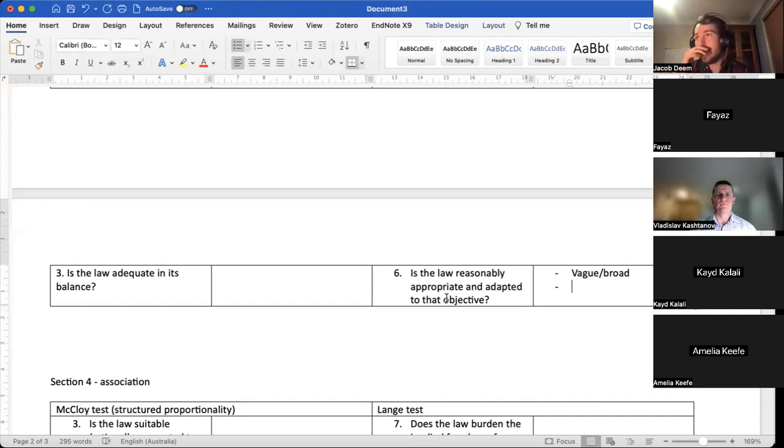It was found that it didn't infringe the implied freedom of political communication. And what was important in the reasoning there was that it didn't completely shut down communication. You could go 151 meters away and have the conversation or have the protest there.